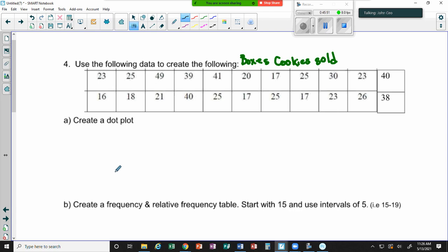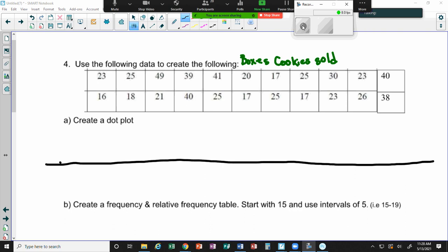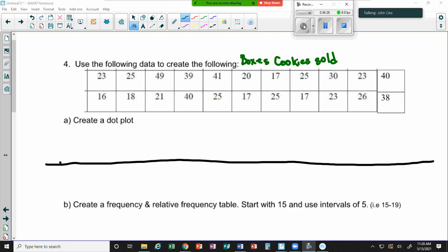So I need to go from 16 to 49, huh? That's quite a bit. On a dot plot, you don't necessarily have to account for all of them, because this is just talking about frequency.